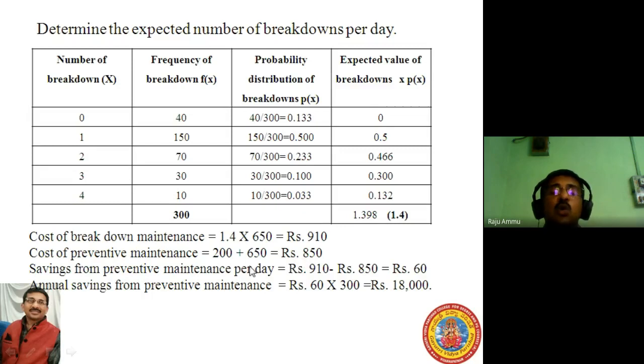Okay, so what is the saving you will have when you go for the preventive maintenance? Breakdown maintenance has cost you 910, and your preventive maintenance has cost 850. Your savings will be 60 rupees per day.